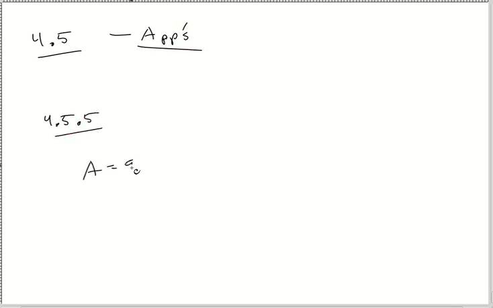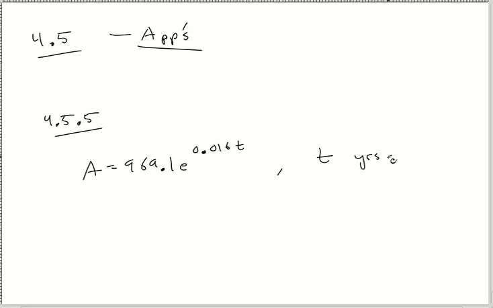A is equal to 969.1 e to the 0.016 t. I believe that this is a population problem, and it's funny because we just did one in the last section.